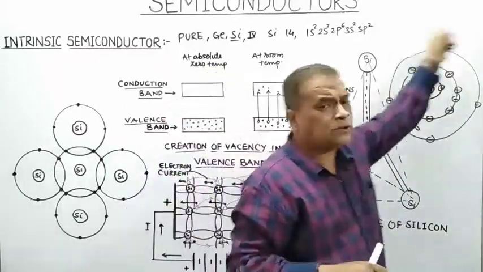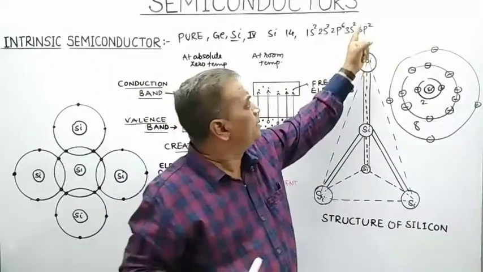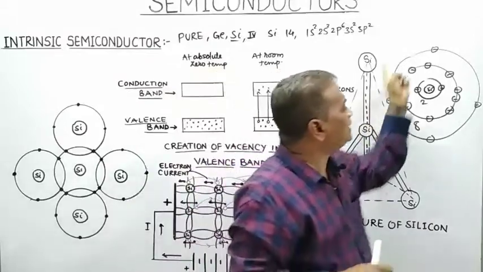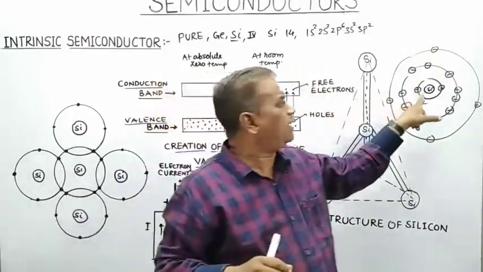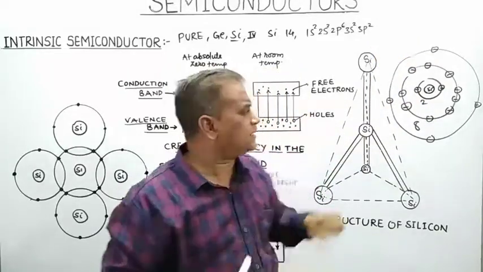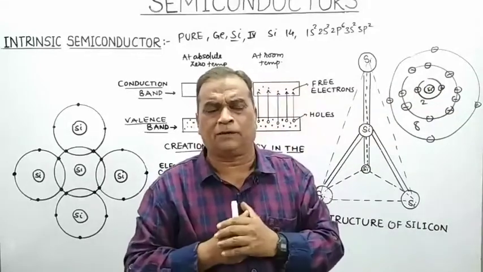In the outermost orbit, there are 2 plus 2, 3s2 and 3p2. As the number of electrons in the outermost orbit of the silicon atom is 4, we can say the valency of silicon is 4.